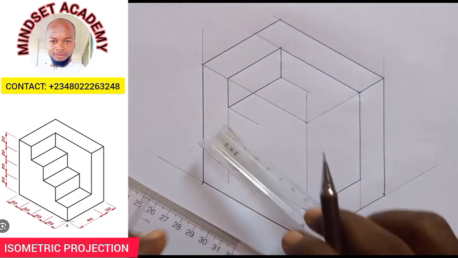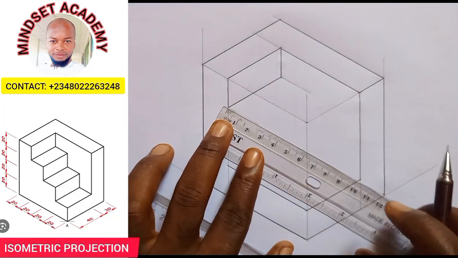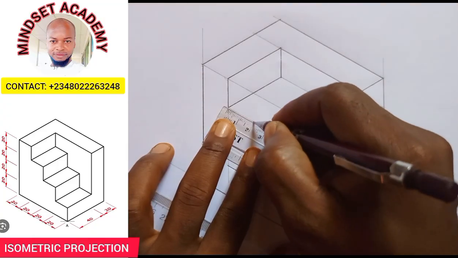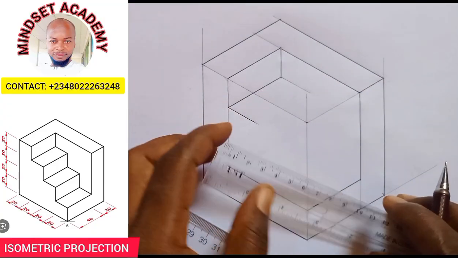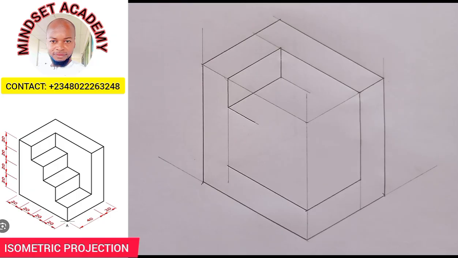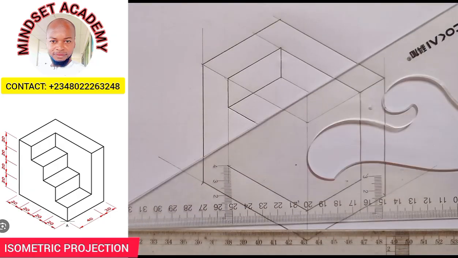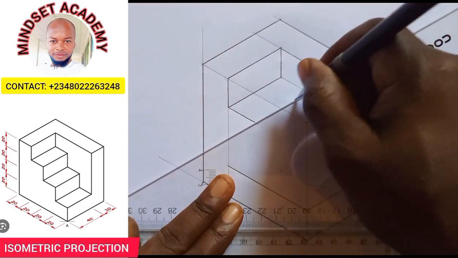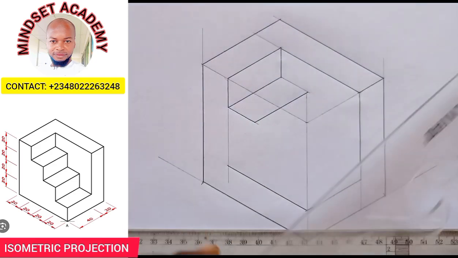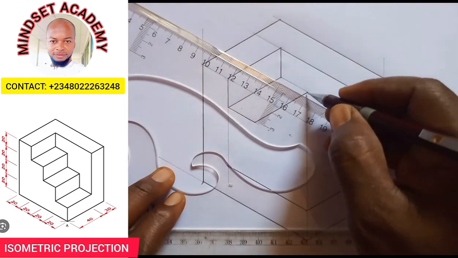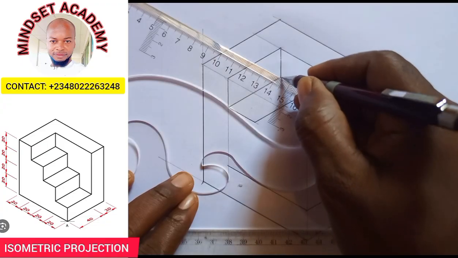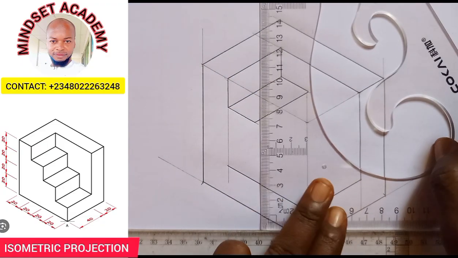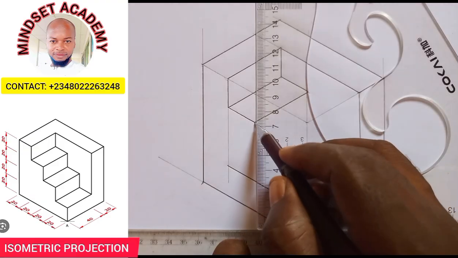So if I use my meter rule and I measure 20 here, this 20, and I'll take in it. Then I'll come here, I'll take this one too this way, and I'll take this one too this way. Can you see that? I'll also bring it down too by 20.